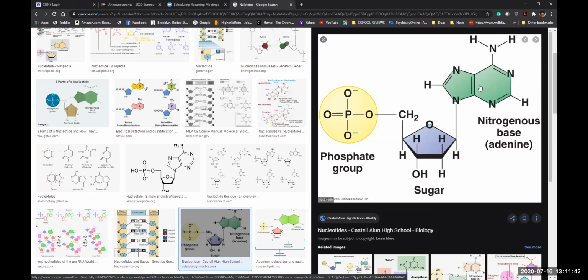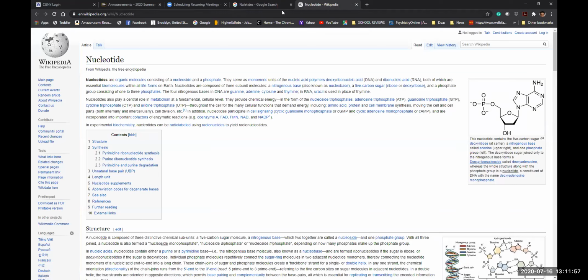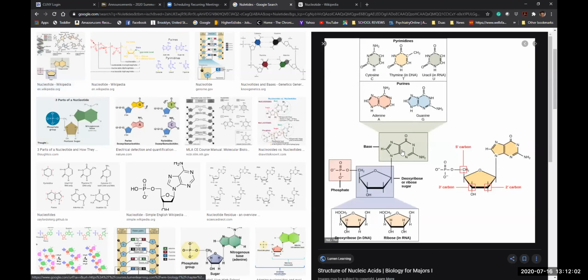So let's look at another example. If you can see this structure, this is cytosine. Cytosine is a pyrimidine. Cytosine is represented by the letter C. Thymine by T. And uracil is present in RNA.